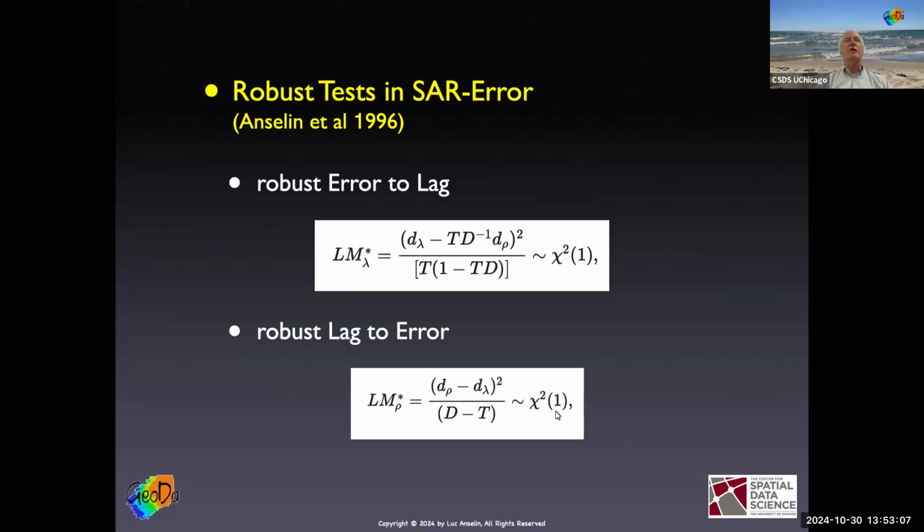So no spatial regression involved, just least squares. And those tests can be used in a specification search. In fact, they will, in many cases, guide you towards which is the proper alternative. Okay.